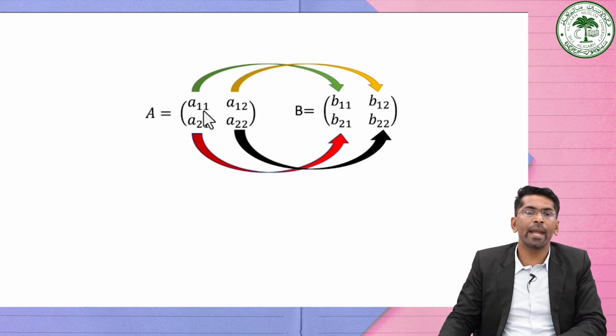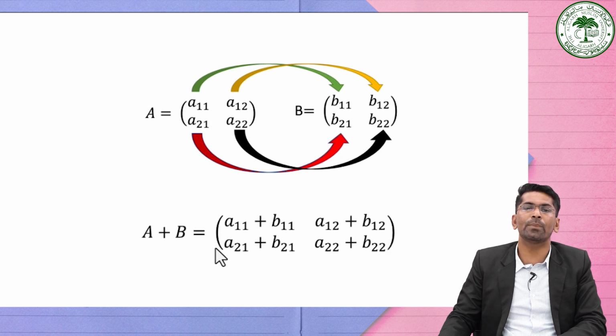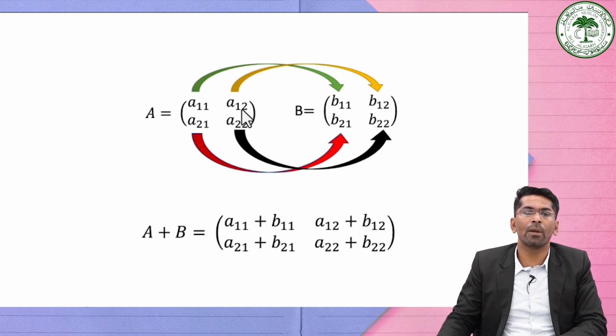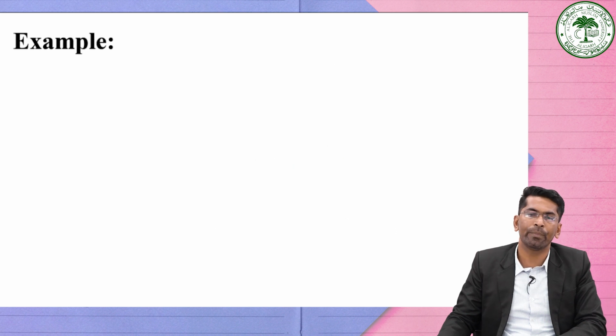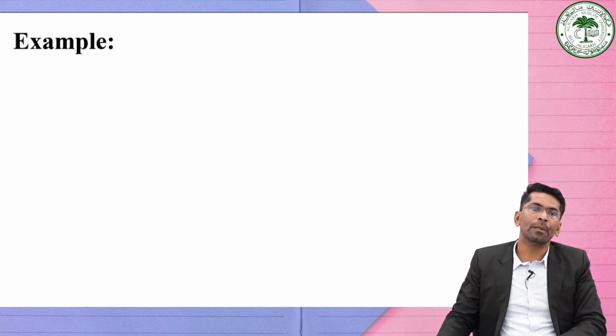So A plus B is equal to A11 plus B11, A12 plus B12, A21 plus B21, A22 plus B22. In this way you simplify it and you get A plus B, that is matrix addition.